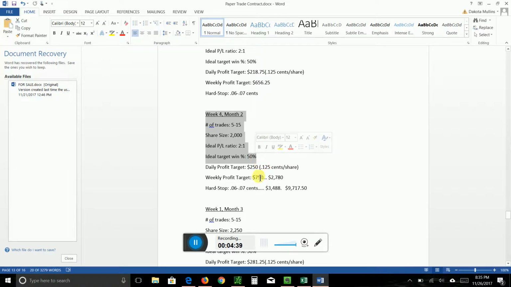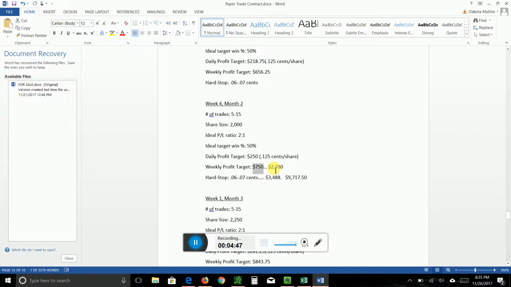So I really thought I was going to struggle getting this weekly profit target, but actually ended up around 4 times the weekly profit target. So that made me pretty happy. That's awesome.